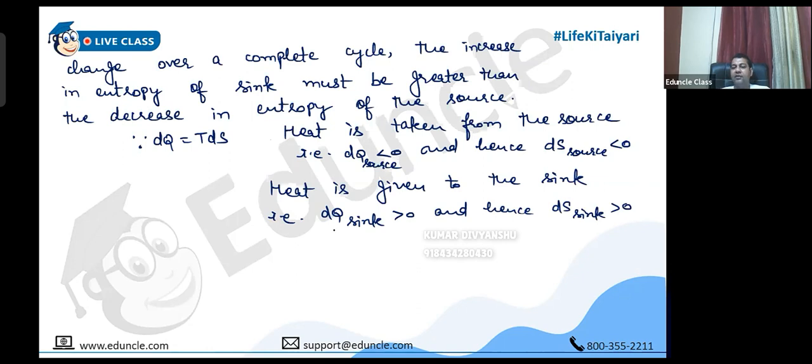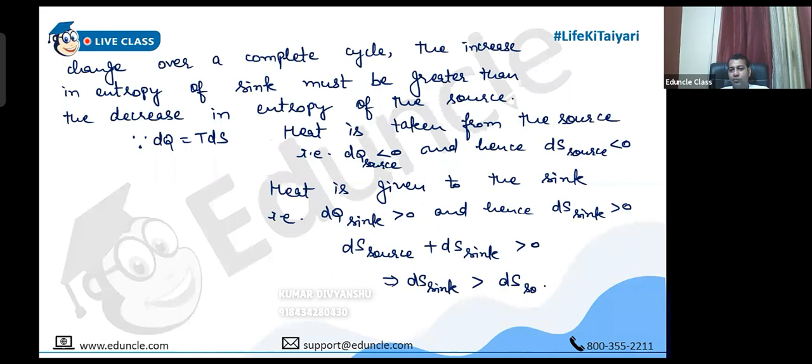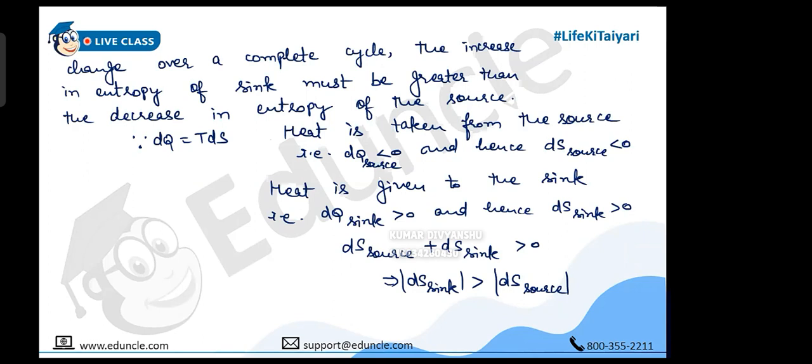So what I'm saying is that their sum total should be positive. Okay, so it means the dS sink should be greater than dS source, modulus of them. Clear now? Only then the change in entropy can be positive, na? Yes.